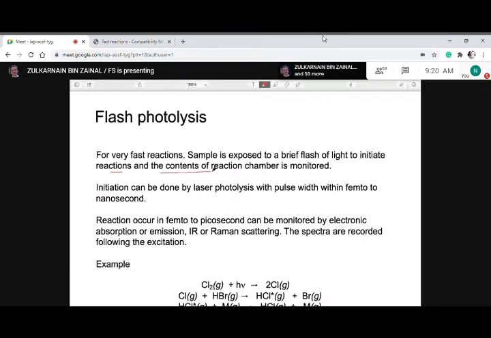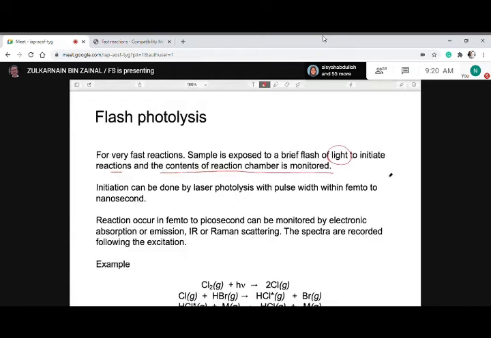So the way the reaction occurs is just by giving a flash of light. After the flash of light, you have to monitor the process, right? So this depends on the initiation process. Some reactions occur this way, right?